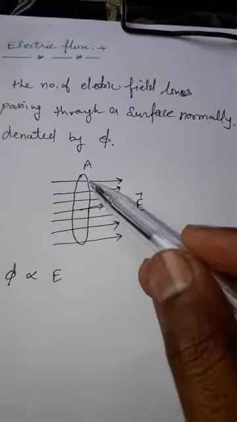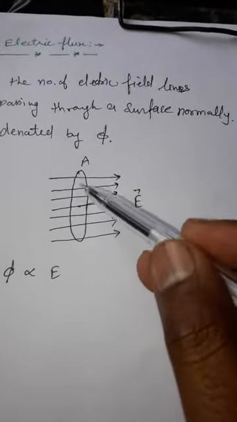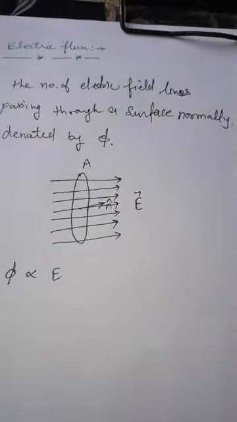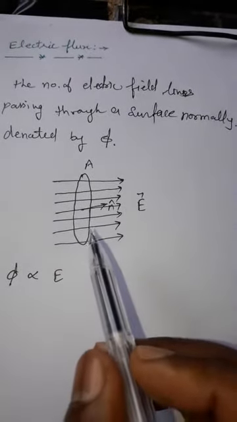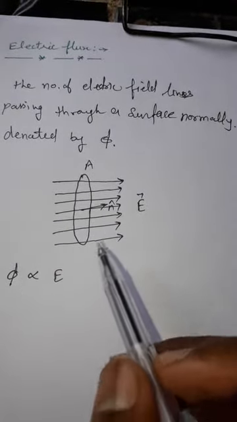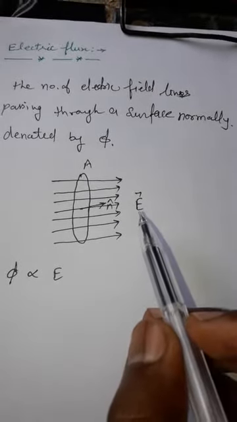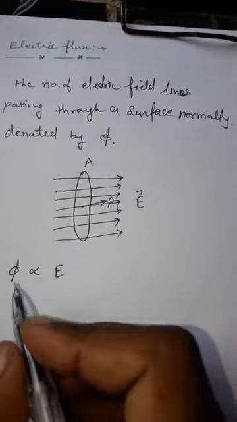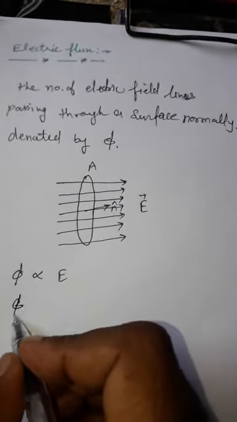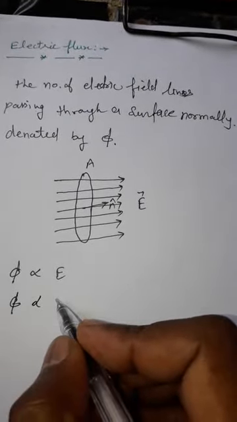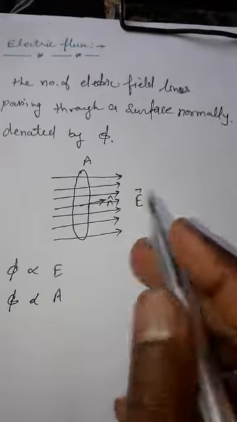So we can say flux increases with an increase in electric field, or it decreases with a decrease in electric field. The second one, flux also depends upon the area of the surface.